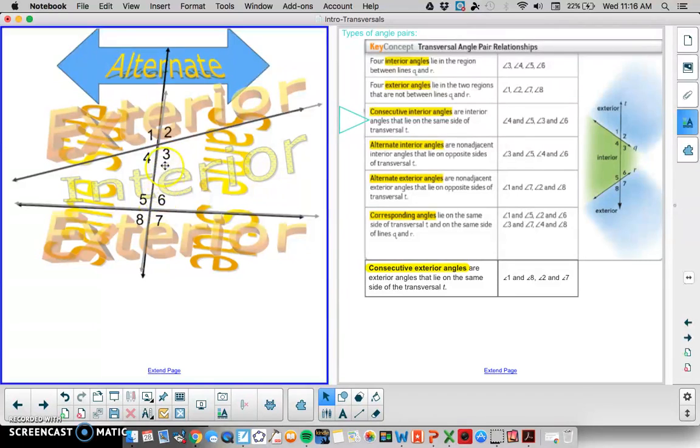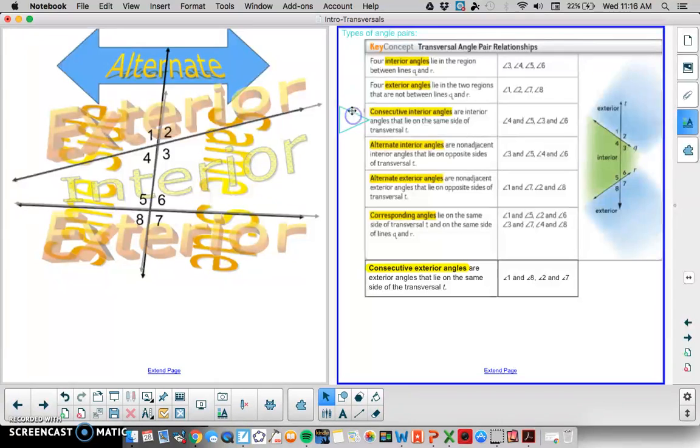So 3 and 6, they're on the same side of that transversal and they're inside the lines. 4 and 5 is another pair of consecutive interior angles. Also, the same side interior angles is another name for consecutive interior.